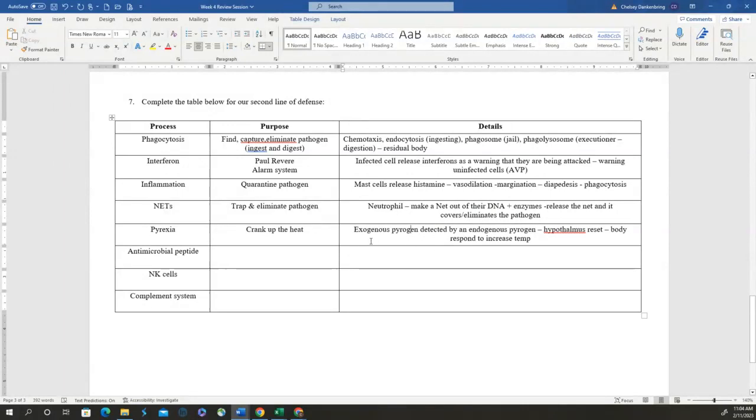Our body is going to recognize it as foreign, and then our own molecules are going to go and alert the hypothalamus that we need to crank up the temperature. Once the hypothalamus knows that we need to increase the temperature, our body is going to respond. And there's a slide that talks about 3 of those big processes that our body does to crank up the heat. It does vasoconstriction.